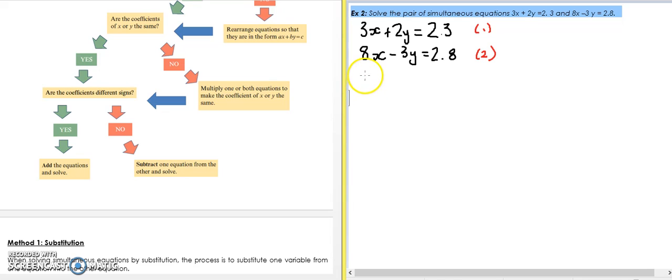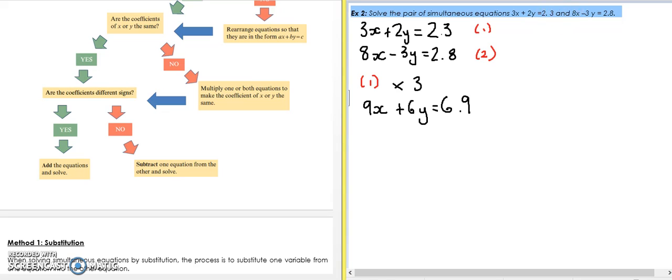So we're going to get equation 1, and we're going to multiply equation 1 by 3. So 3x times 3 is 9x. 2y times 3 is positive 6y. And 3 times 2.3 will give us 6.9.